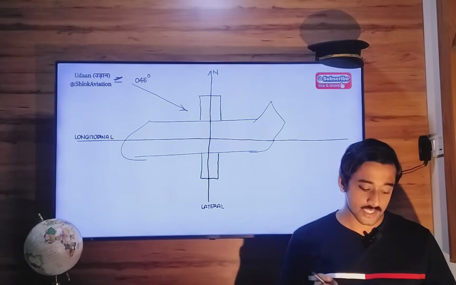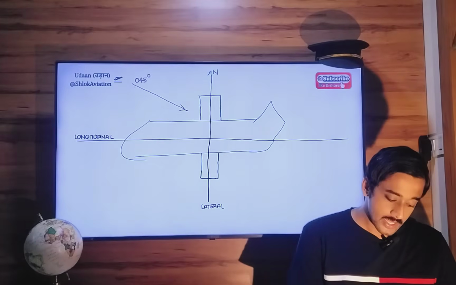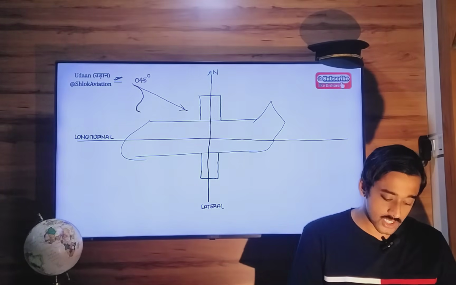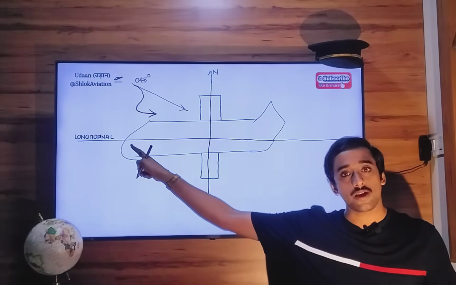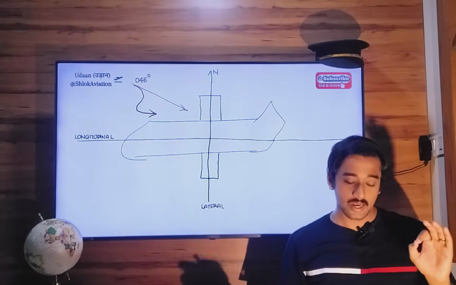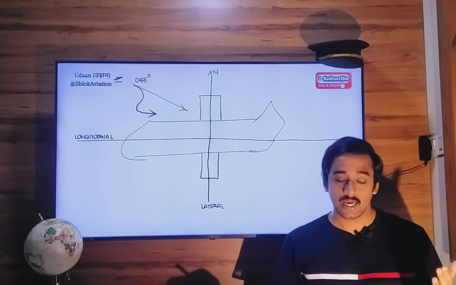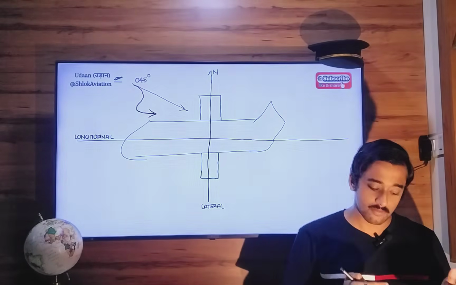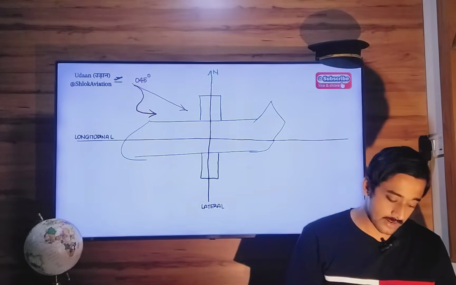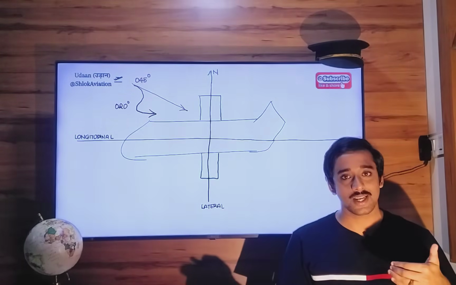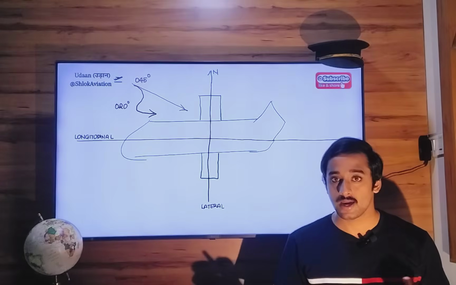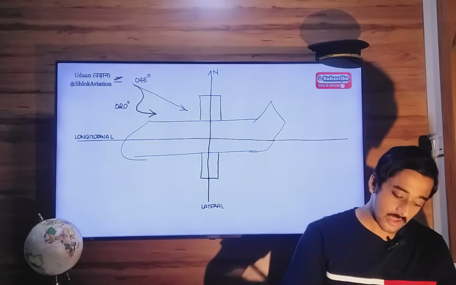So for example, if it's coming from 045 degree, the electrical conductivity will bend such that it gets aligned with the longitudinal axis of aircraft. So the real direction is 045 degree, but the apparent direction has become less than 045 degree. So something like 020, 030, any direction less than 045. So again, this is a false information.